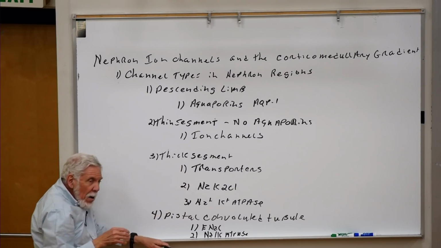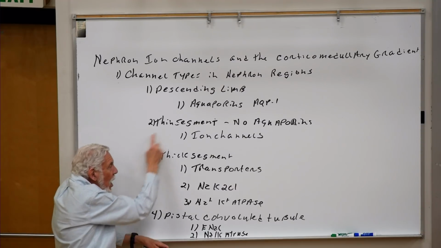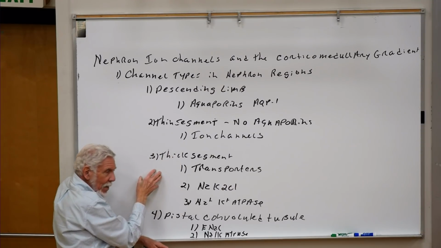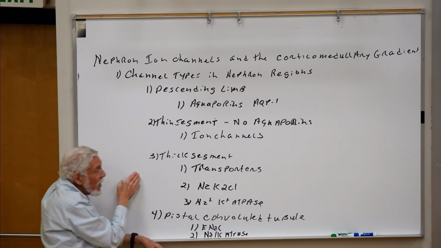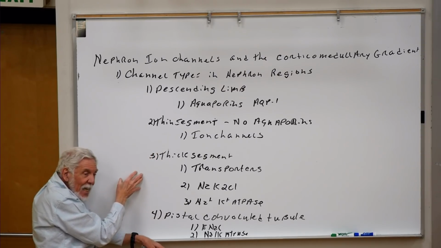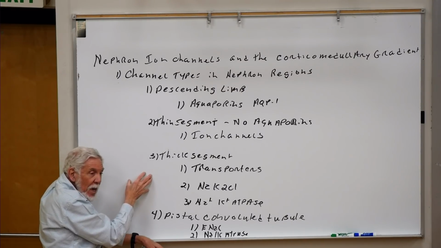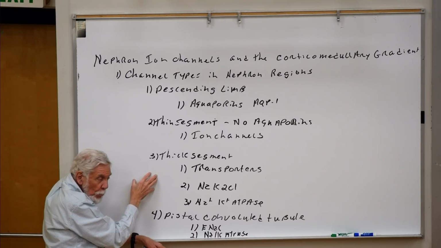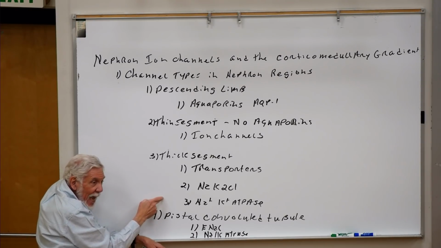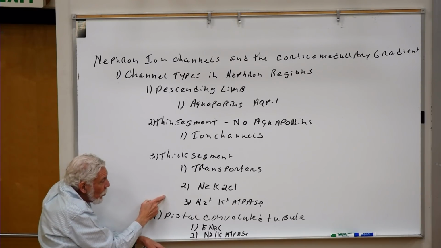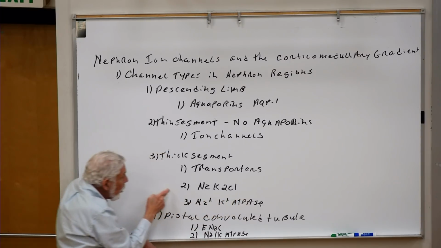But as the fluid moves up along the epithelial cells lining the ascending limb, eventually we get to the point where we can't simply use the gradient to move the ions, and we now have to actively move them. We have to start invoking ATP-dependent pumps and transporters. And we're going to see that one of the major players here in the ascending limb is going to be something known as the sodium-potassium 2-chloride transporter.